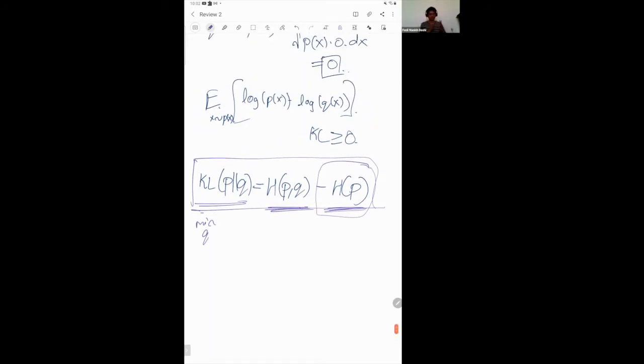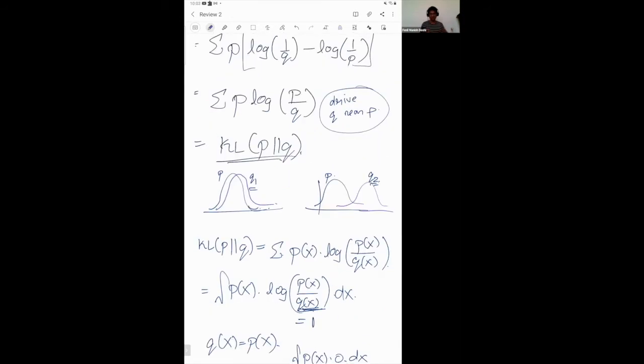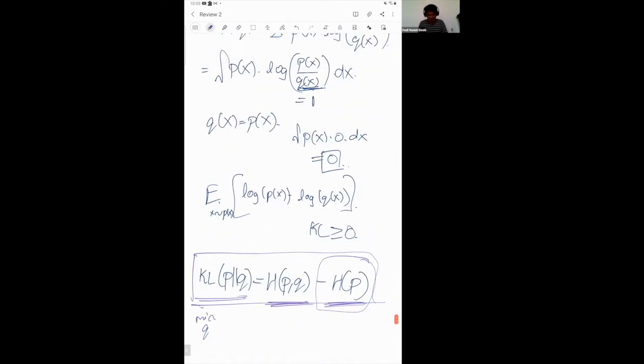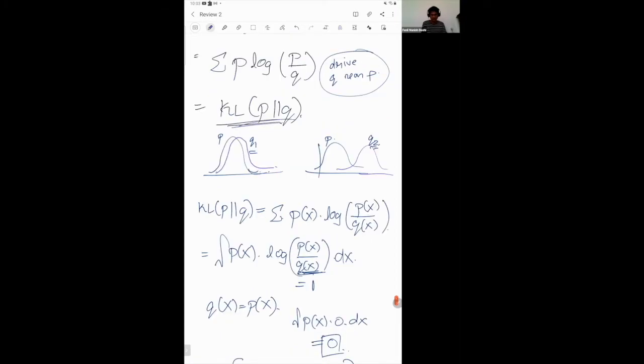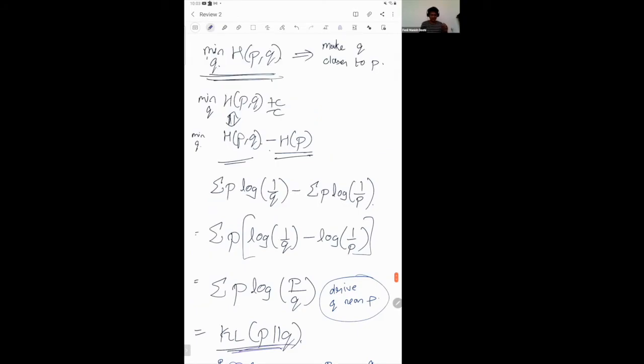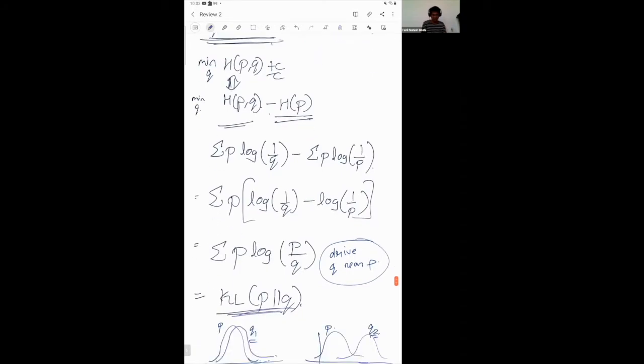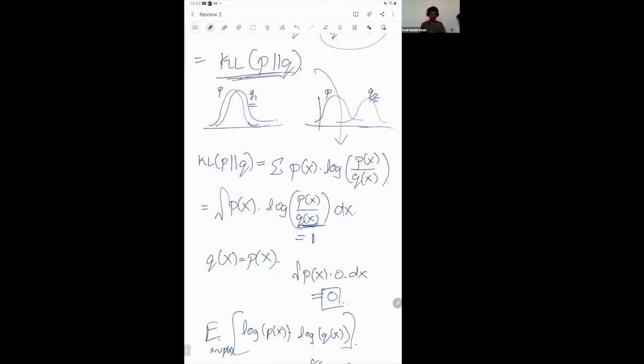And because both of these things are coming from different domains, right? Cross entropy and entropy come from information theory, whereas divergences come from explicitly quantifying how two distributions are different from each other. So that's why you have two different names, and many people will directly start with KL divergence. KL divergence was not derived from entropy and cross entropy. This is a separate notion completely, but essentially both come out to be the same.